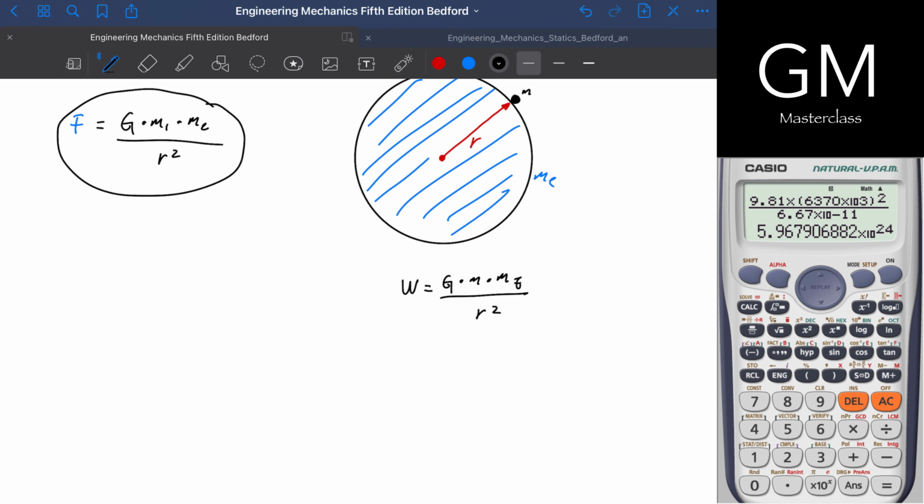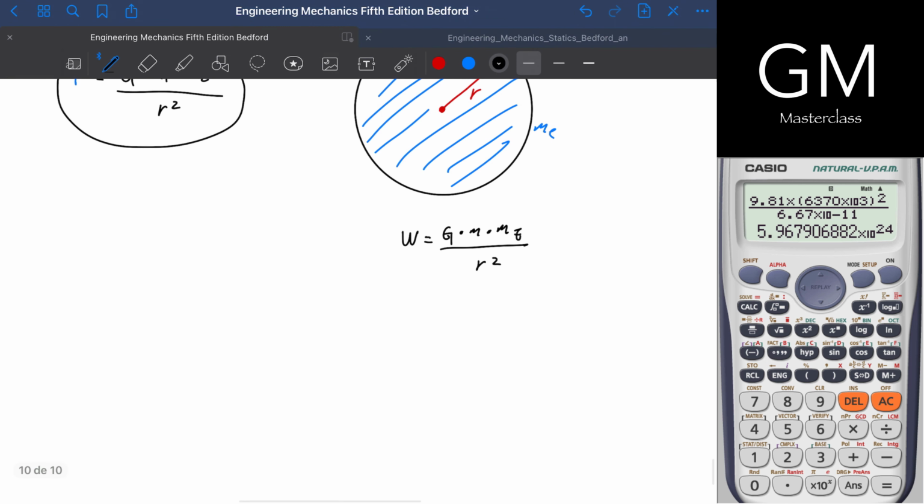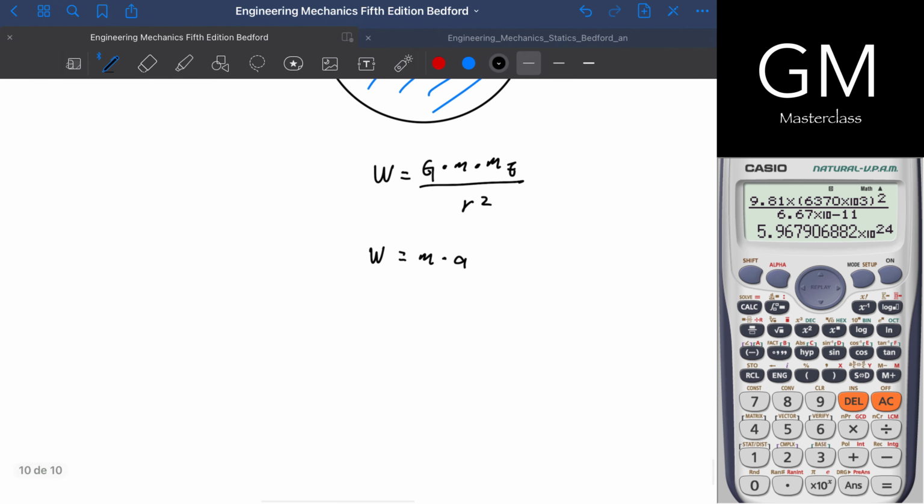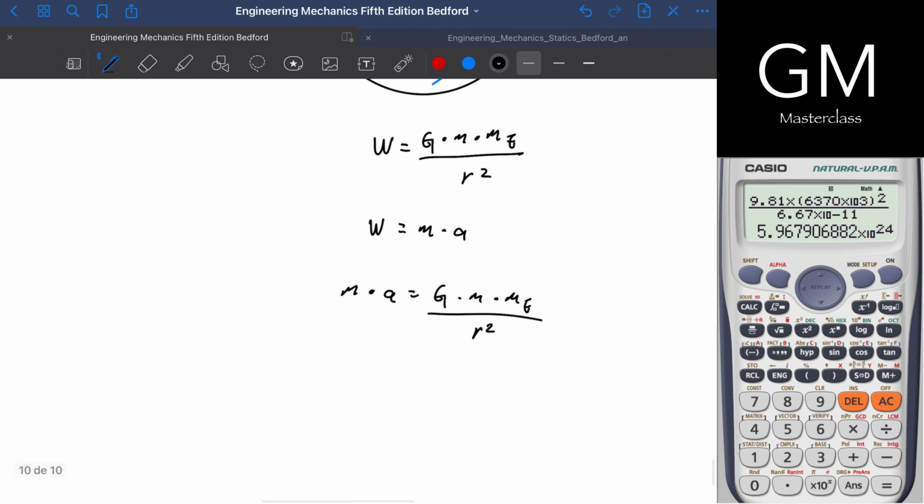Now, an acceleration, or actually let me explain this equation first. A weight is also a mass multiplied by an acceleration. Alright, and because of this, a mass multiplied by an acceleration is equal to G times m times me divided by r to the second power.